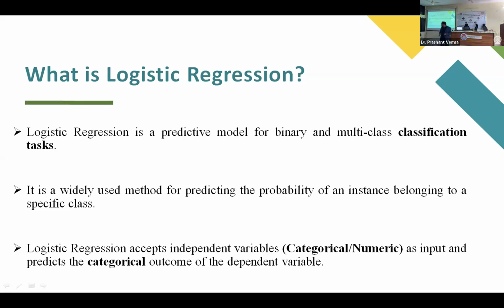The second is that it is a widely used method for predicting the probability of an instance belonging to a specific class. So what it does, suppose there is medical data for cancer. There were certain patients who were diagnosed, so a biopsy was done for them.